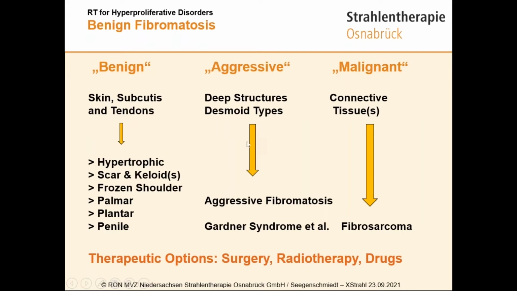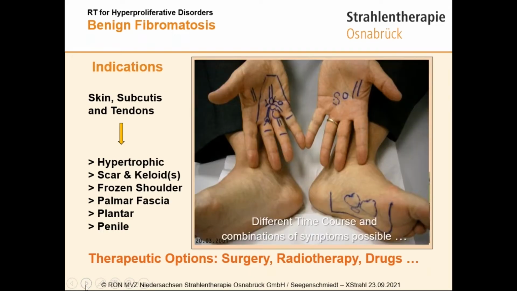The different options to treat benign conditions, hypertrophic scars, keloids, palmar, plantar, and penile fibromatosis, can be majorly surgery, but in certain situations also radiotherapy and specific drugs. These pathologic conditions can occur at various time points and in various locations.